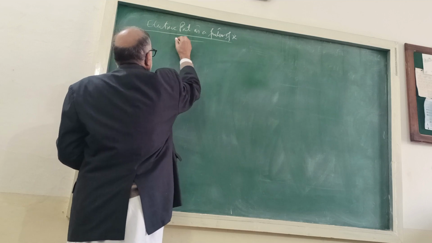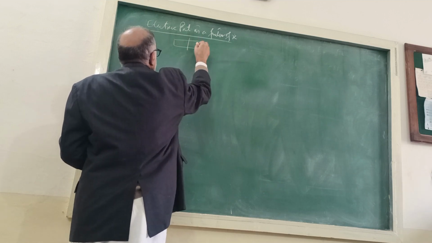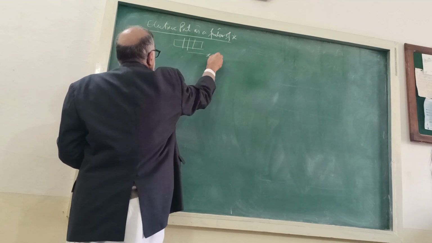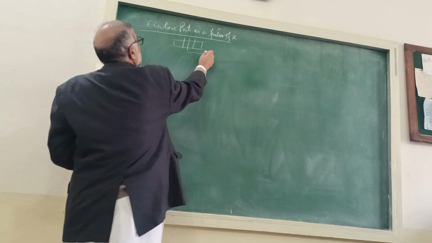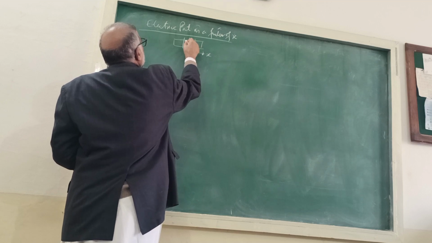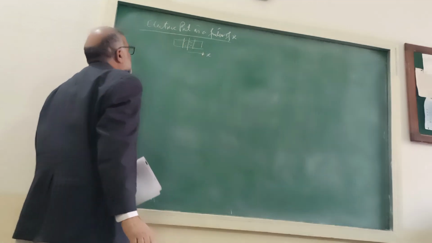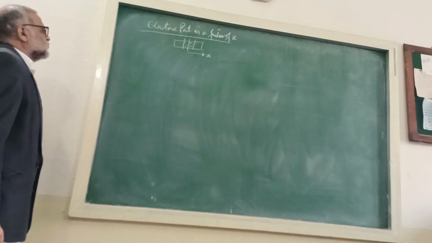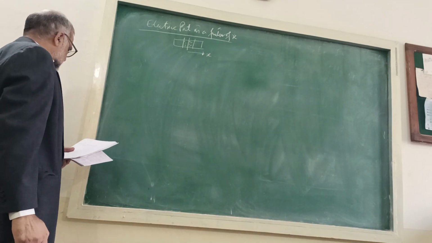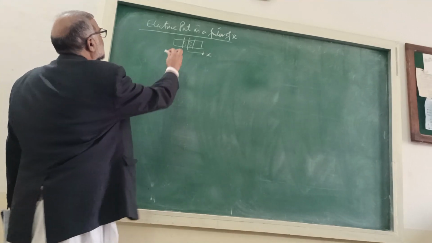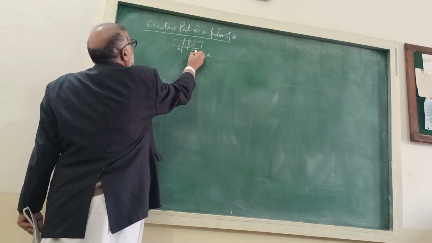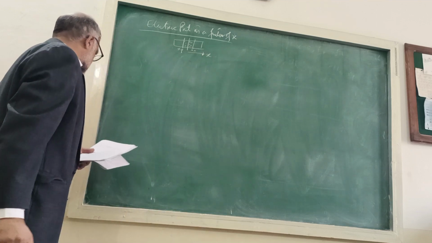So this is what we said: x on this side, that is plus and that is minus. Let us call this xp and this xn.